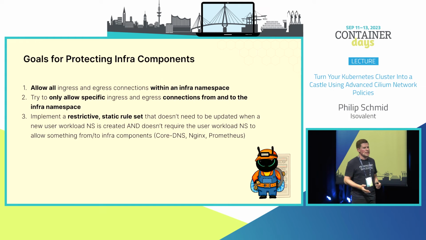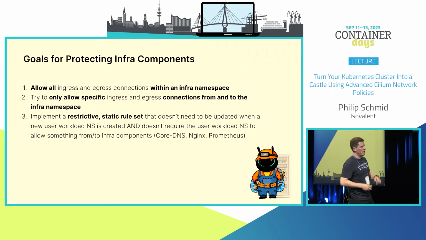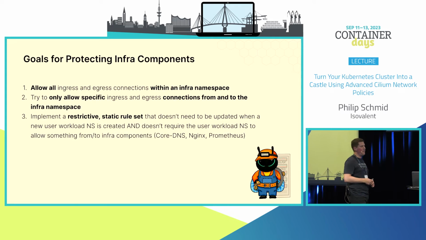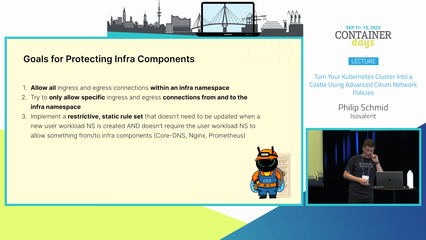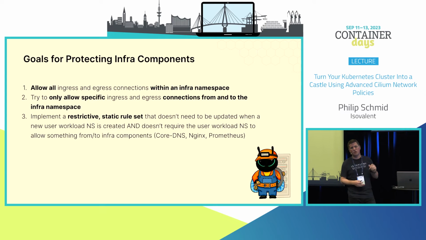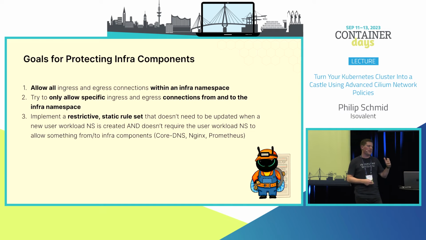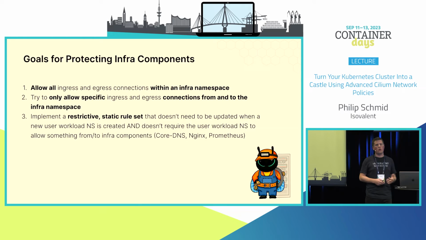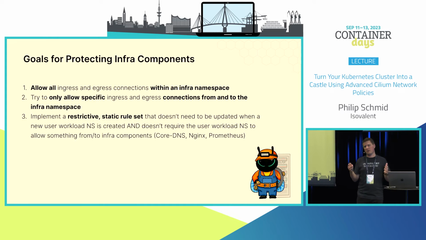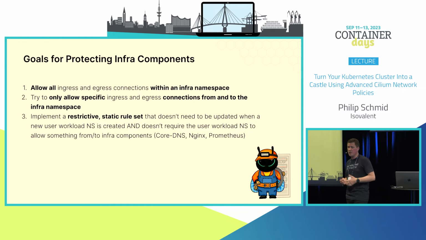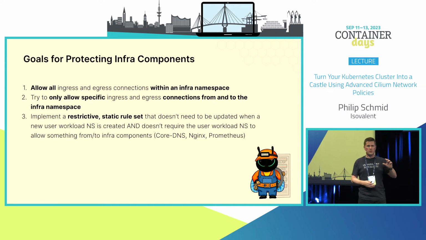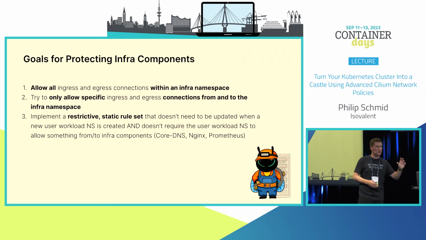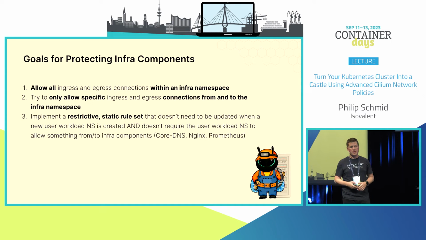And last but not least, we have the most complex thing, where we need to implement a restrictive static rule set, in a generic way, that is automatically applied to all new and also removed from newly deleted namespaces. And those rules should allow specific infrastructure components to reach user workload namespaces.